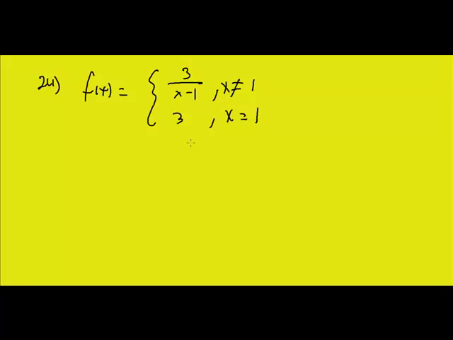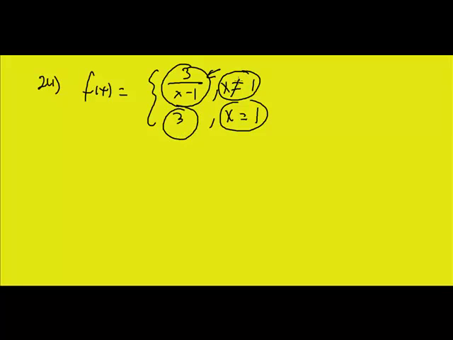Okay, so find any values, if any, at which the function is not continuous. Well, you could look at this one and say, hey, this is not continuous at x equals 1, but remember they defined it so that when x is not equal to 1, you can use this. When x is equal to 1, you have to use that.